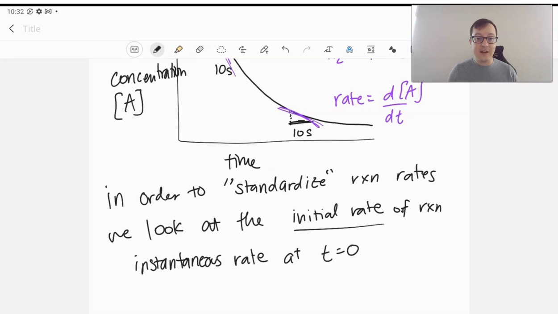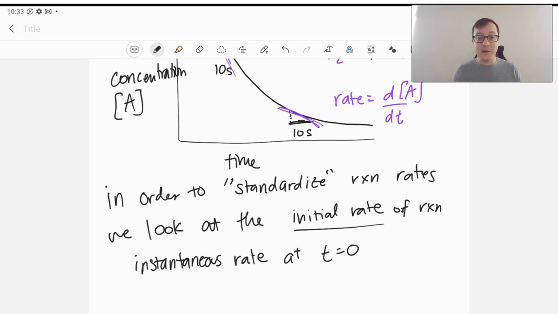So right at the start of the reaction, how quickly does that reaction proceed? We're going to see that this is not something we're necessarily going to calculate. These are going to be data points given to us. So instantaneous rate is that rate at one tiny interval. We're looking at an infinitesimally small time window, so we can get the rate right at the start. Once we do that, if one reaction proceeds faster at time 0 than another, we can get information about that.